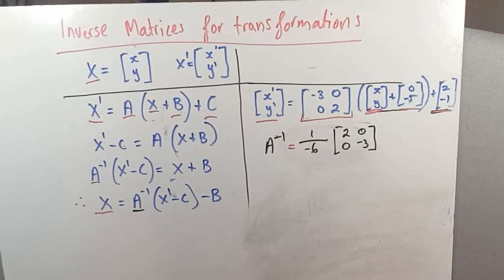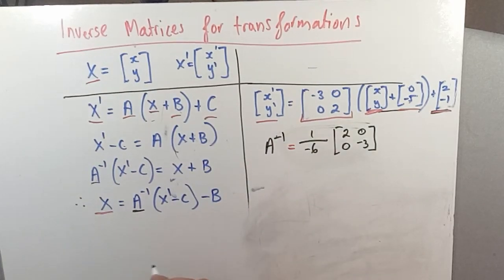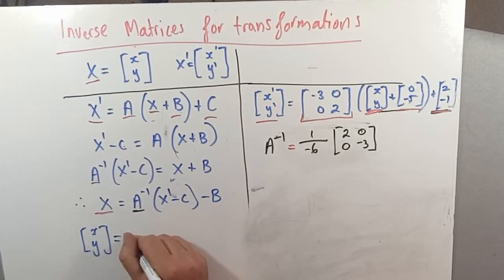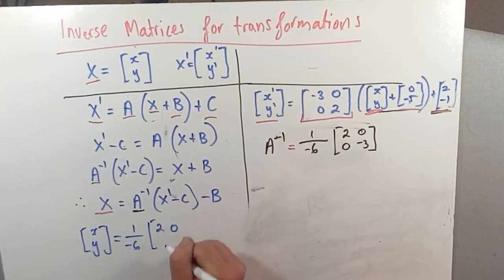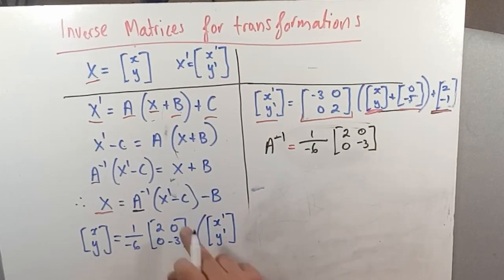Now I can put it straight into here and solve. Let's get them in the right position. Our original xy is going to equal A inverse, which is 1 on -6, times 2, 0, 0, -3, multiplied by our x image, y image, minus c.